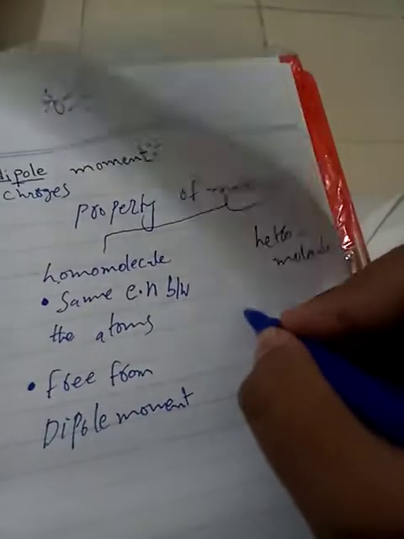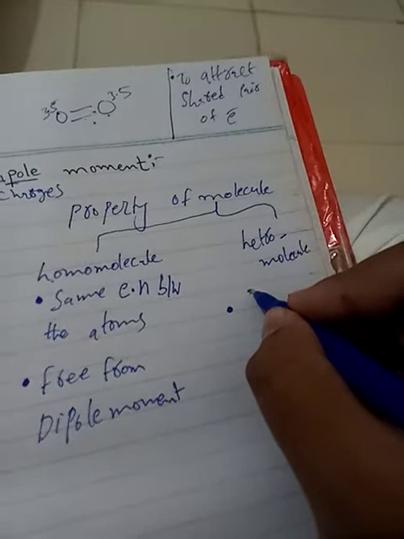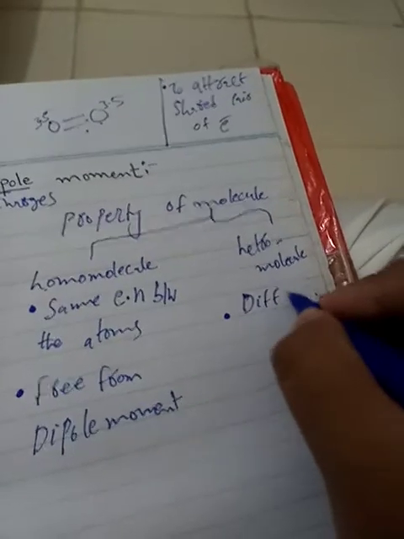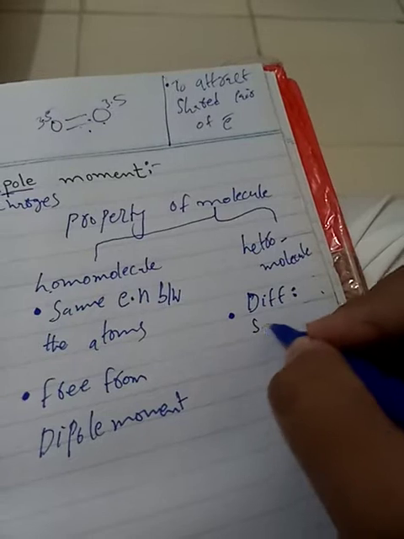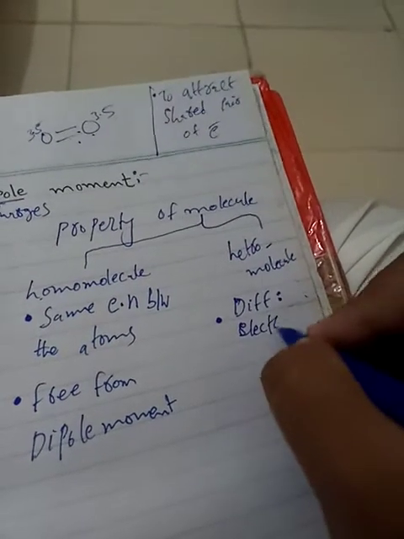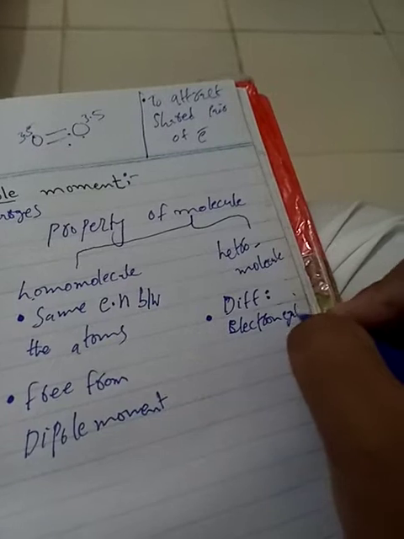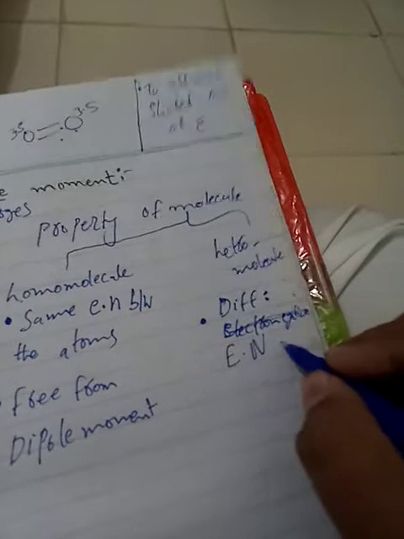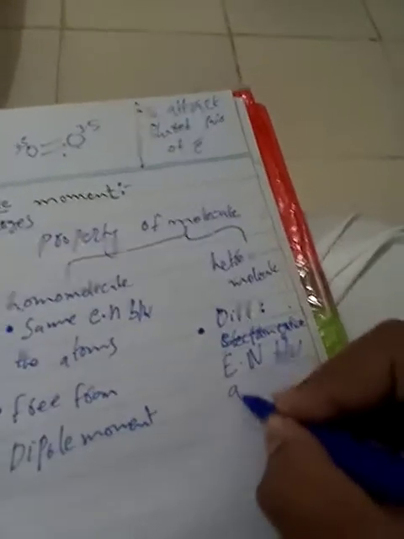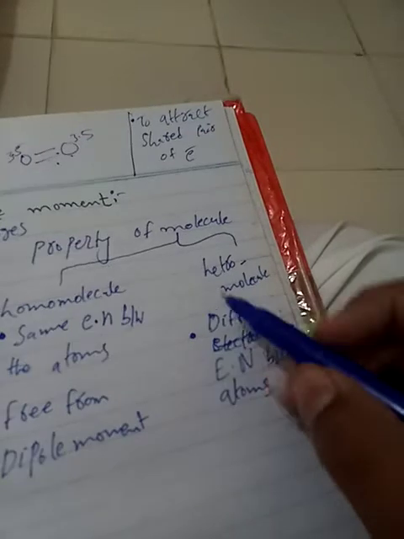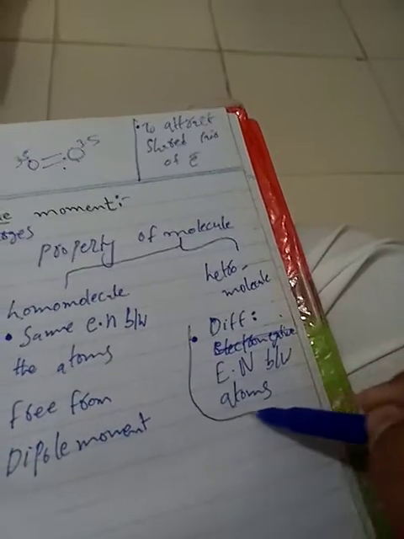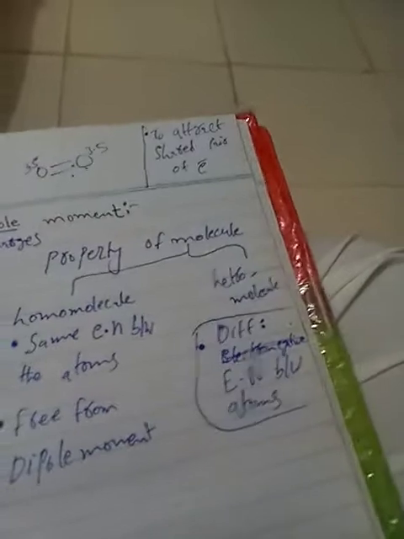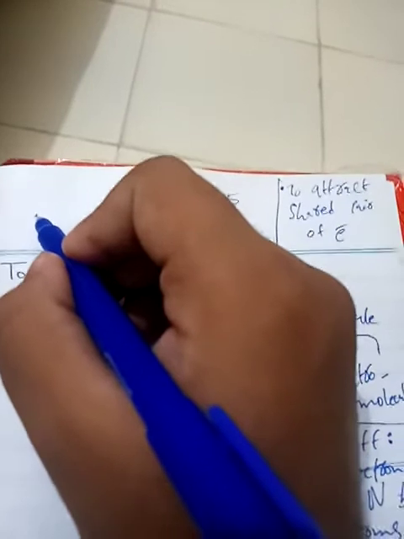And here there are different electronegativities, let's write only EN, different electronegativity between atoms, so one atom will try to snatch the electrons. A different molecule, like here we have HCl.